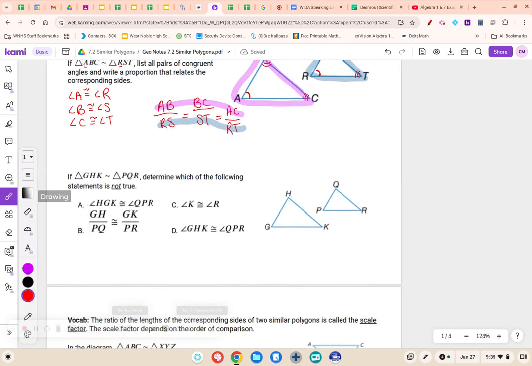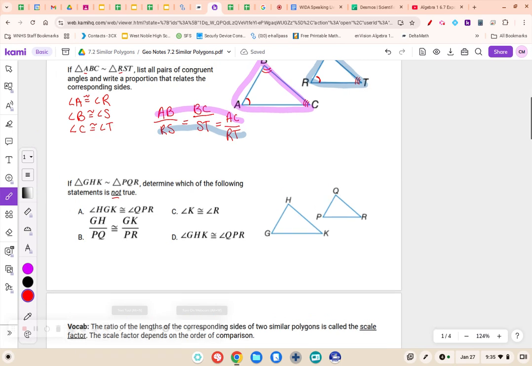So this next question says, if triangle GHK is similar to triangle PQR, determine which of the following statements is not true. It says angle HGK is congruent to angle QPR. That is true. They are both the first thing in the similarity statement.